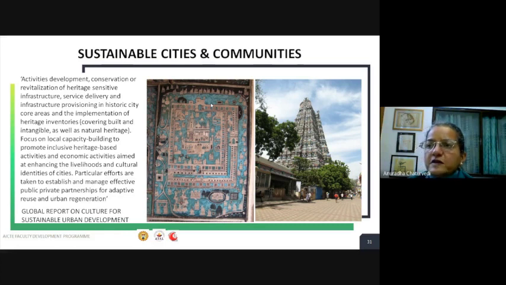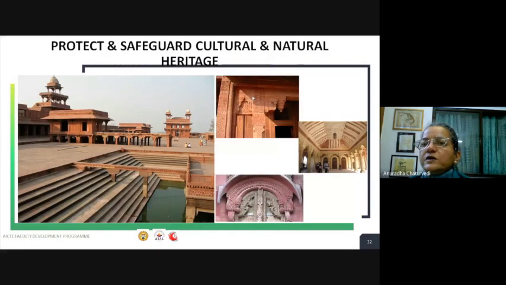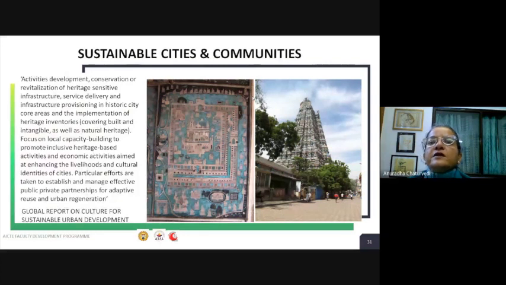This process of infrastructure improvement has to be supported with a focus on local capacity building. This is necessary in order to promote inclusive heritage-based activities and economic activities, which will result in the enhancement of livelihoods and the cultural identities of cities.